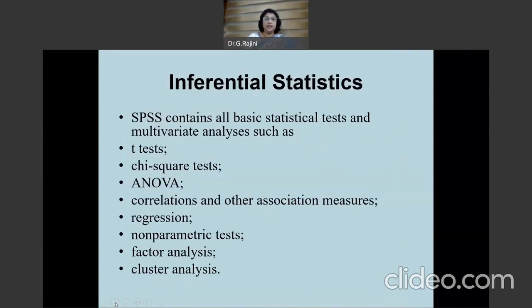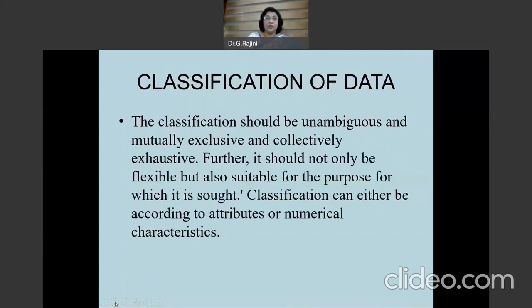SPSS contains all basic statistical tests and multivariate tests as well. So you can go in for t-test, chi-square test, ANOVA, correlation and other association measures. You can do regression, non-parametric tests, factor analysis, cluster analysis, and many more as well.